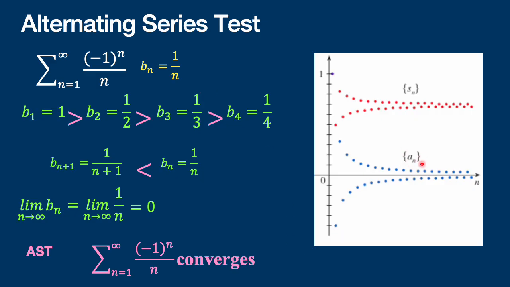The first one represents the sequence. The sequence alternates, but the terms keep going to 0. For the infinite series, the partial sum goes: the first one is here, the second term here, up and down because of the negative sign, but they converge to some value right there. So that's why we use the alternating series test. For an alternating series, you have to check two things: the sequence is decreasing, and the limit of the sequence goes to 0.